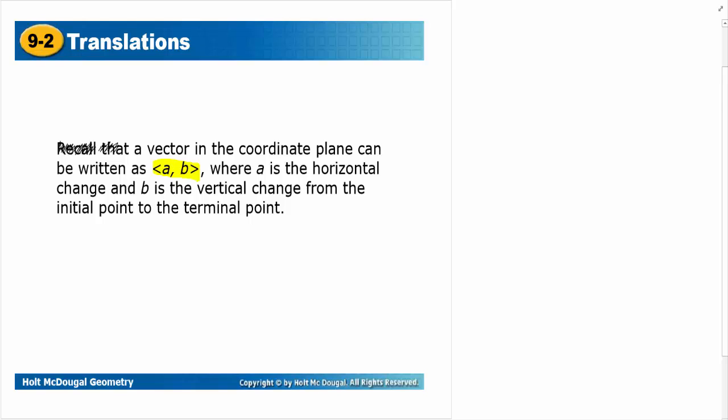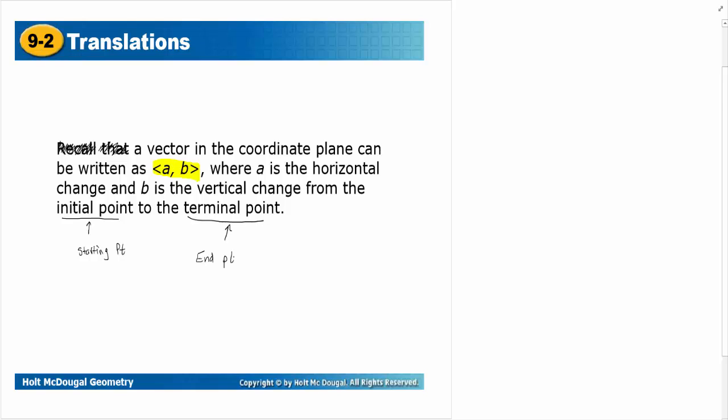So here we go. A vector in the coordinate plane can be written using this notation. Notice those are arrows, they're not parentheses, where A is a horizontal change and B is a vertical change from the initial point, obviously that's your starting point, to the terminal point, which would make sense, that's the end point.